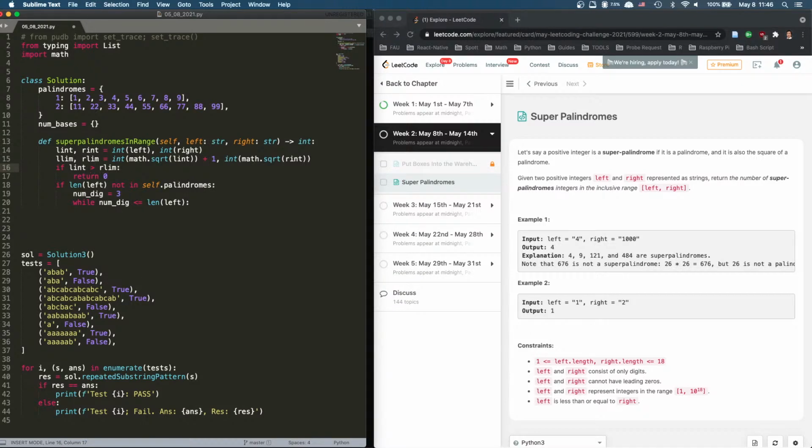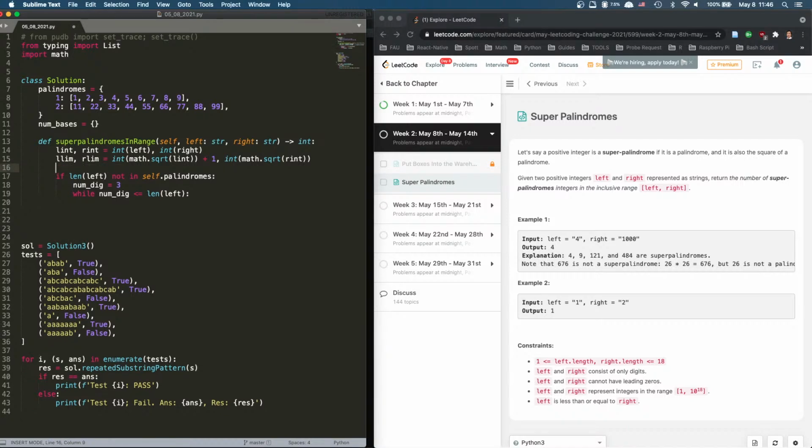But if, no, it's not. It's fine. This does not exist because what we need to compare is the left limit and the right limit. So if the left limit is larger than the right limit, then it's not going to happen. But here it's going to happen. We have a left limit and a right limit, right? So this is just the base, right? The left base limit and the right base limit.